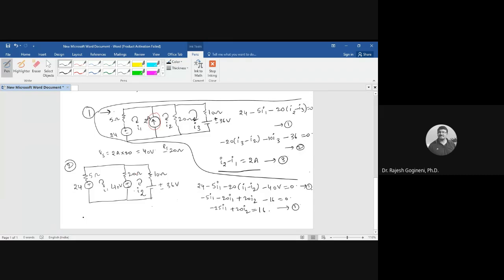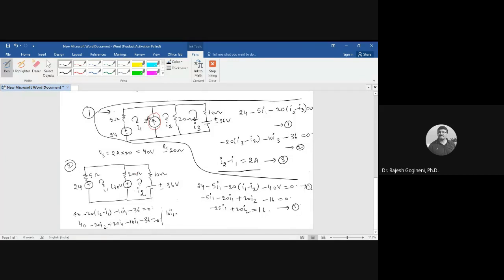For the second loop, I am writing here 40 volts minus 20 into (I2 minus I1) minus 10I1 minus 36 is equal to 0. You simplify this one: 40 minus 20I2 plus 20I1 minus 10I1 minus 36 equals 0.